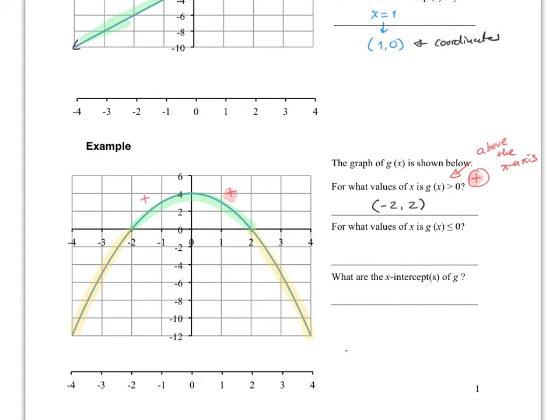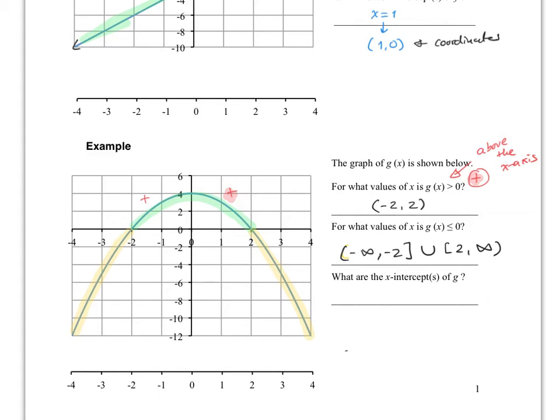So therefore, this is going to be negative from -infinity to -2, including -2, or from 2 to infinity. Remember that infinities always use parentheses.